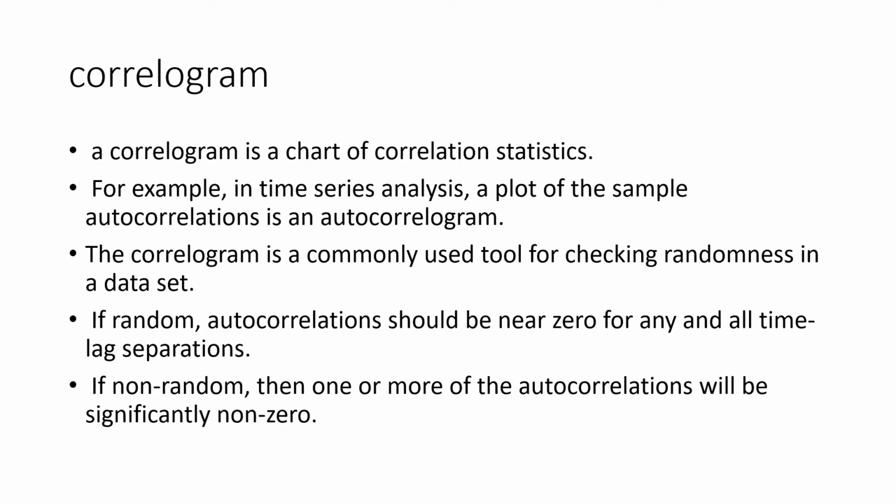Next, the correlogram. The correlogram too is an easy method. It's a chart of correlation statistics. Here, for example, you can plot the sample autocorrelation, which is known as a correlogram.